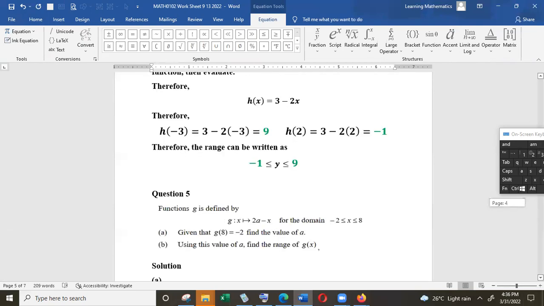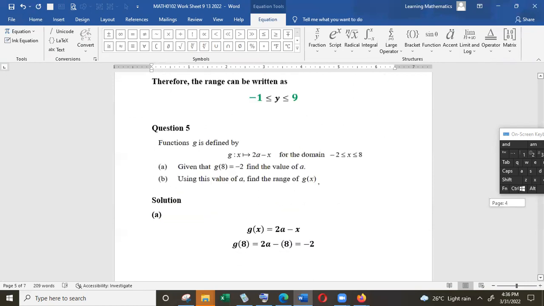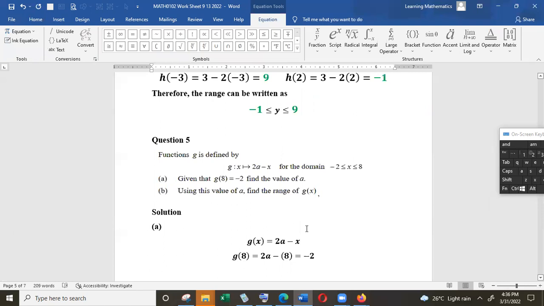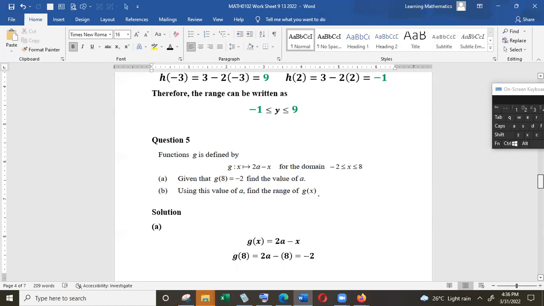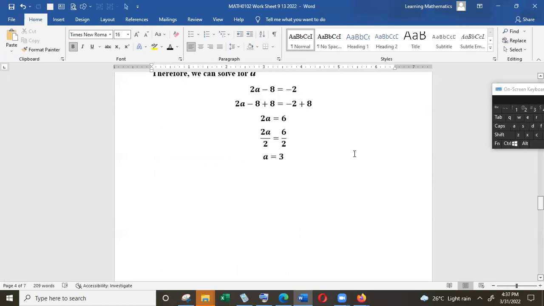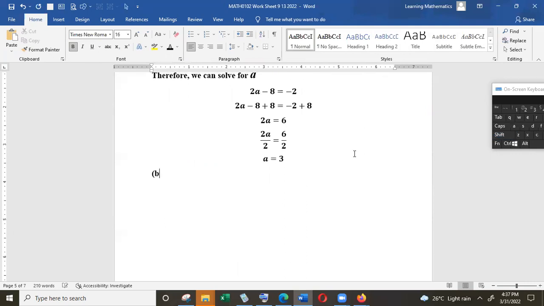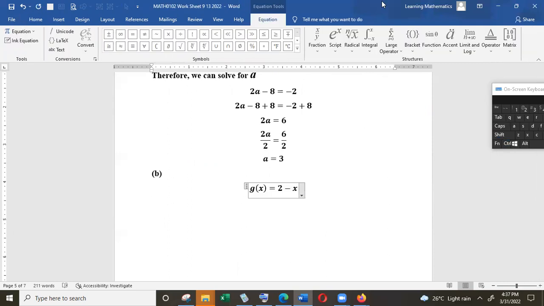Now the question goes on to say, use the value of a to find the range. Since we have the value of a now, we can write the function in its complete form. So for part B, we can write g of x is equal to 2 times 3, because a is 3, minus x. 2 times 3 is equal to 6.